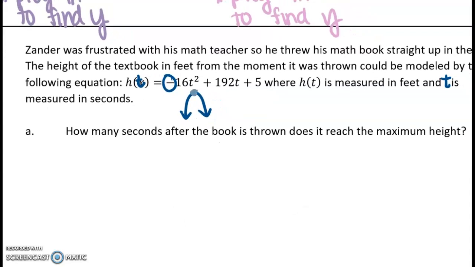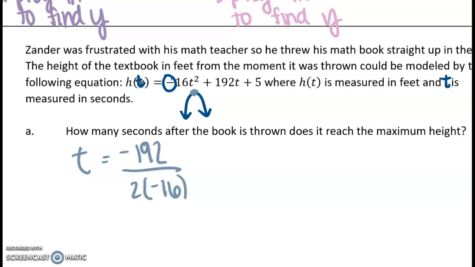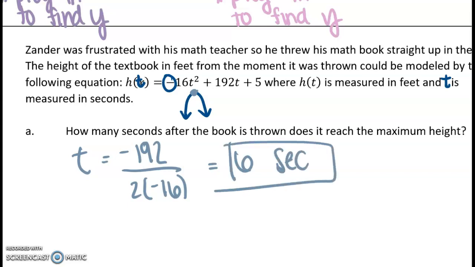Well, here my vertex is going to be my maximum, so I need to find that. I can find that by doing the opposite of b, I'm going to use t instead of x, over 2 times a. So if I were to simplify this, we get 6 seconds. So after 6 seconds, that's when we reach that maximum height.